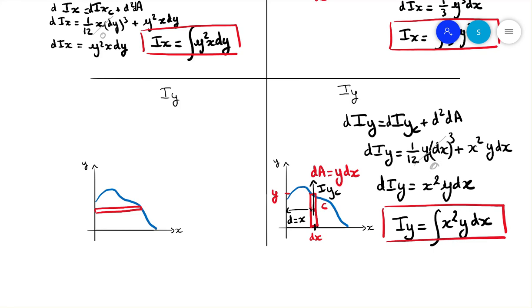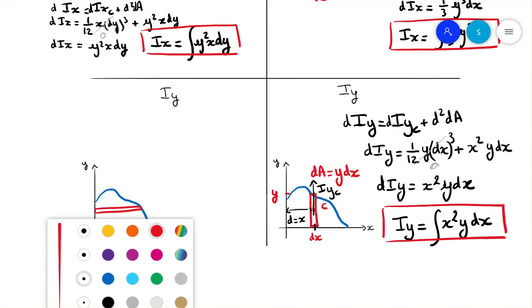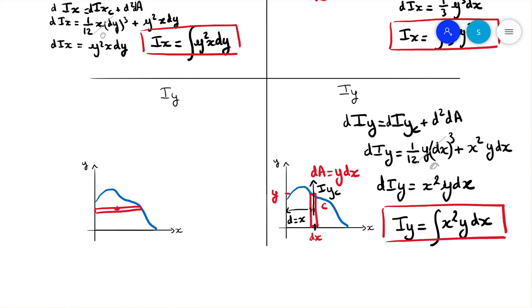And now if we try to find Iy with horizontal stripes. Okay, so dA, in this case, this is x, this is a little dy. So dA is equal to x dy. Okay.